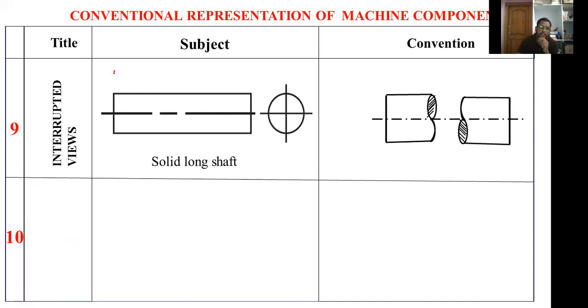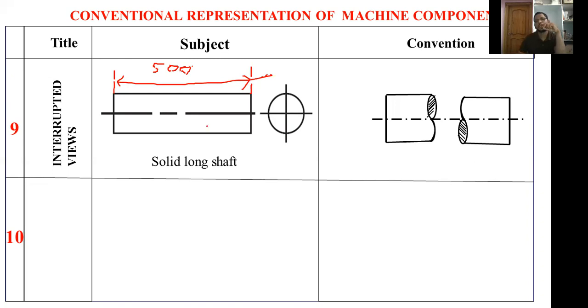For example, the length of a shaft is 500. It is very difficult to show this 500 on a drawing sheet.